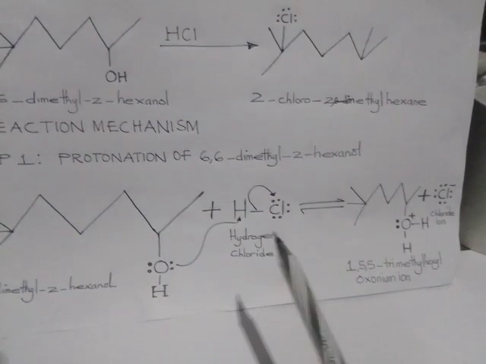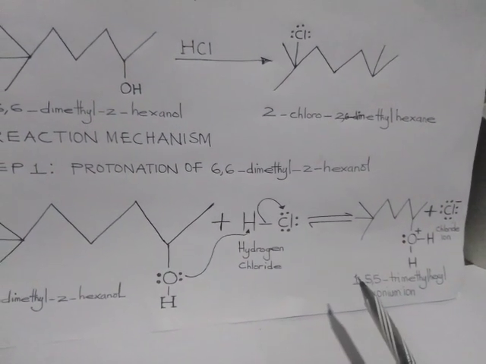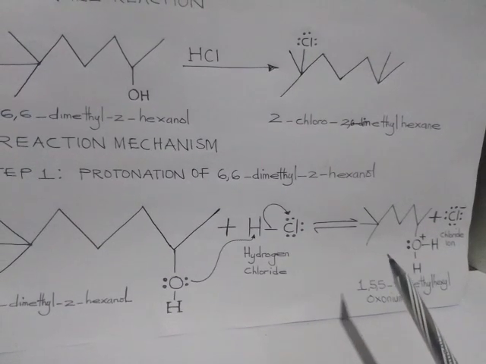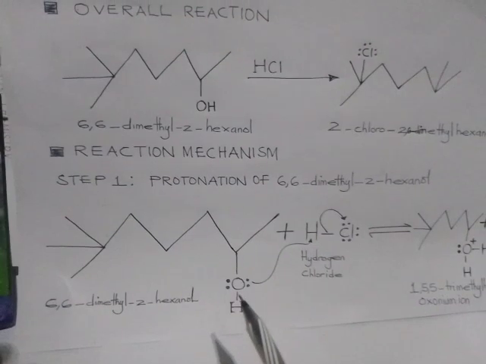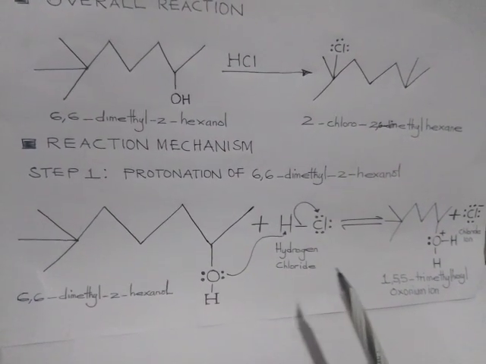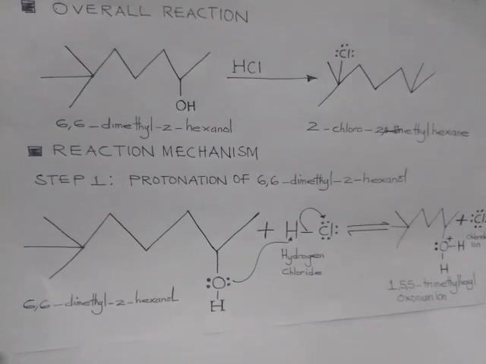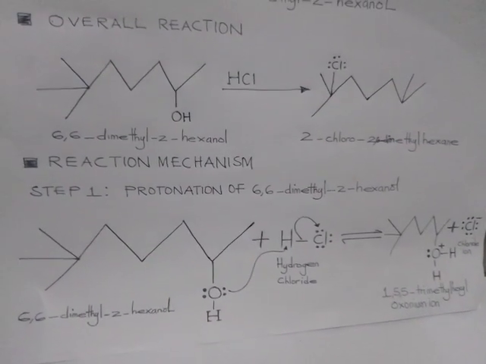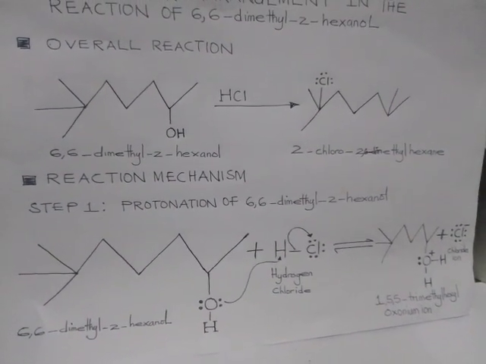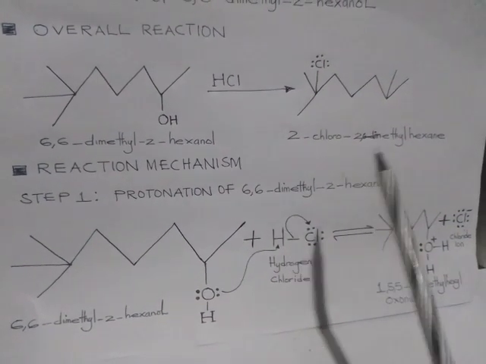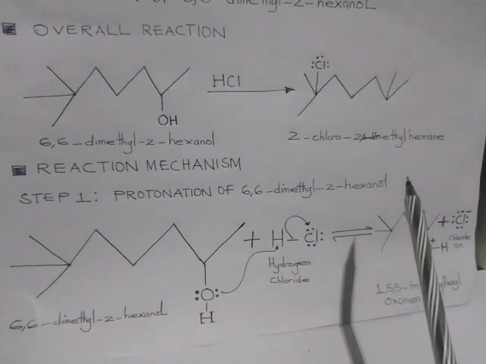If we say that the reaction is reversible, that means this product, the 1,5,5-methylhexyl oxonium ion, could possibly be reconverted to 6,6-dimethyl-2-hexanol when its structure gets manipulated. And then look at the other steps and see how we actually reach this 2-chloro-2,6-dimethylhexane.